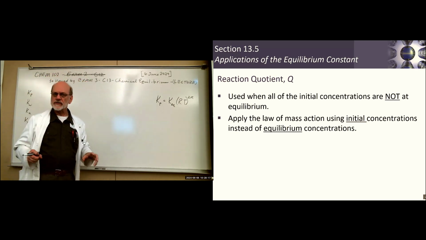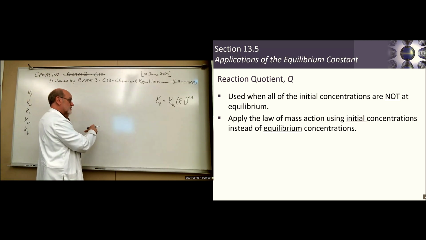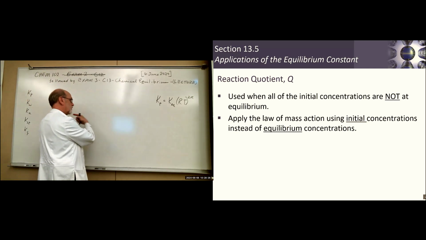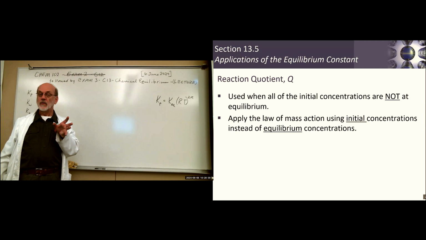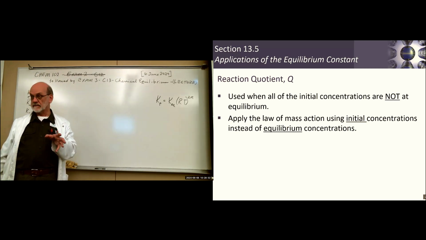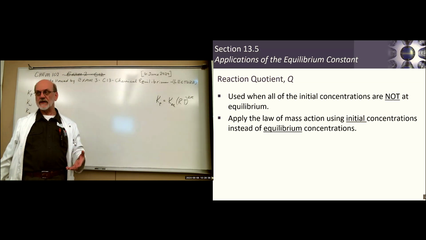So we're assuming the reaction is not at equilibrium, but we want to know which way it's going to go with those concentrations. That's important to know when we start to do calculations to find out what the equilibrium position is for the reaction.